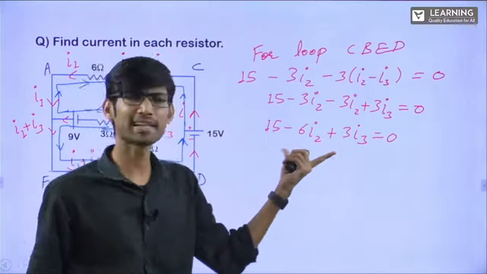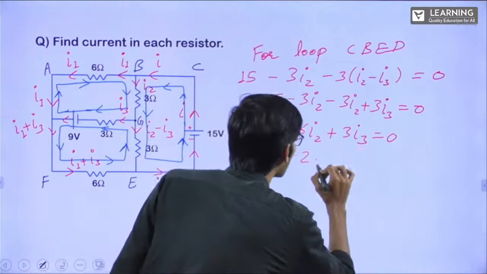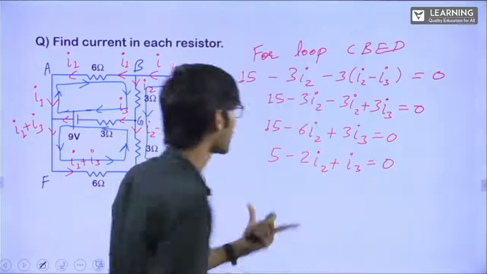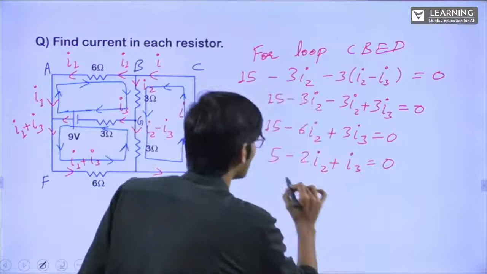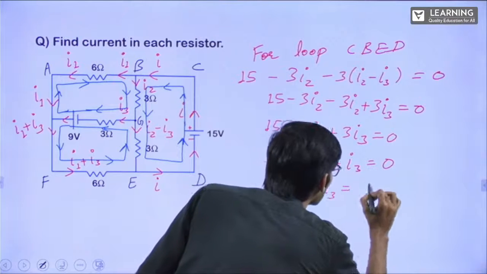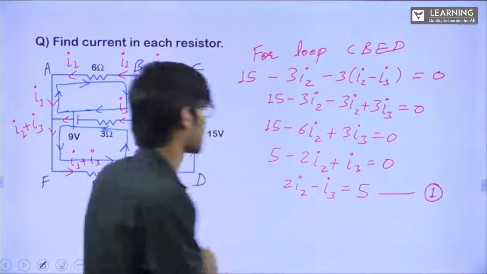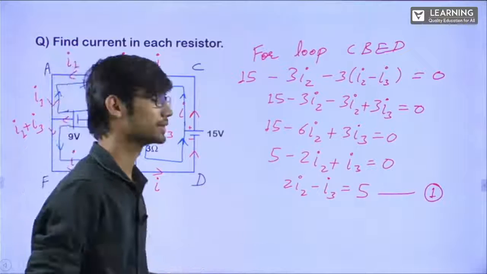I can divide this entire thing by 3. 5 minus 2I2 plus I3 is equal to 0. See? So now this will be 2I2 minus I3 is equal to 5. This is one equation: 2I2 minus I3 is equal to 5.